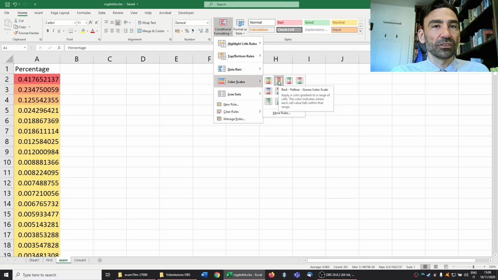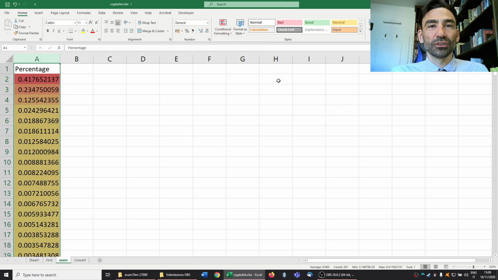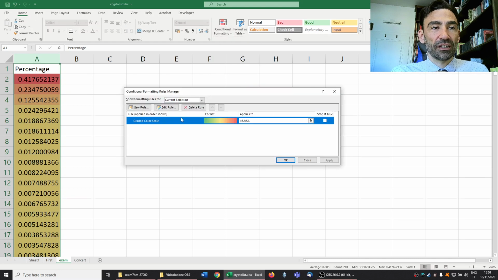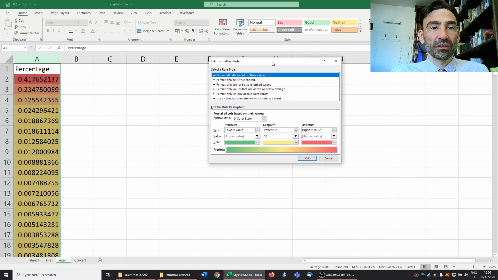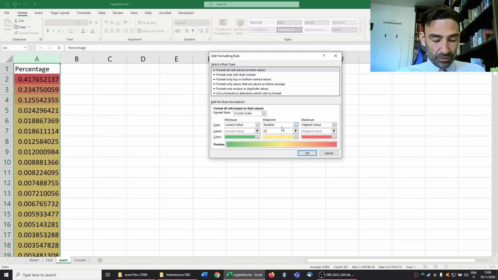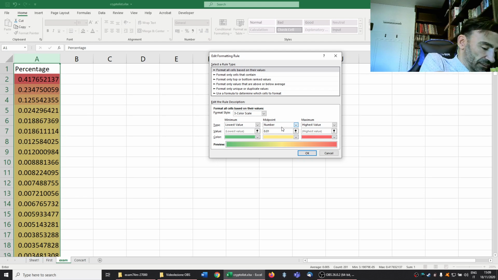Green for low values. This time the professor was good. Conditional formatting, manage rules. Let's check. Edit rules. That's the midpoint. So green for low values, red for high values. As a midpoint, the professor says 0.01, so number 0.01. Let me write in the text that I have to specify number.